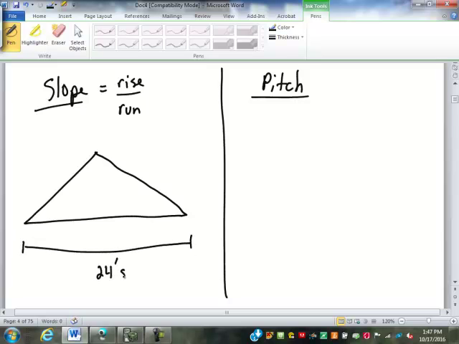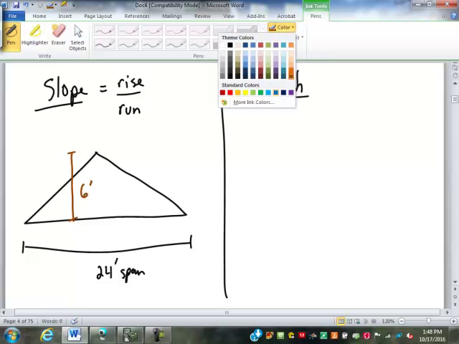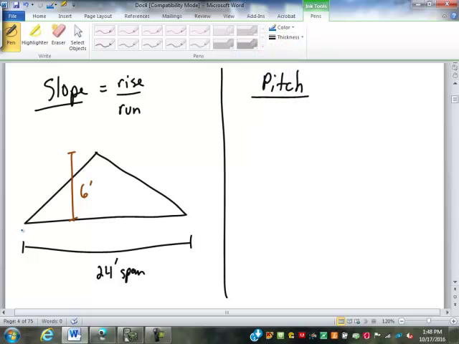So let's say this is a 24-foot span. And this has a height of 6 feet. What would the run be here? It'd be half the span, right? Which would be 12 feet. There's 6 feet of rise and 12 feet of run. It's a 6/12 slope.